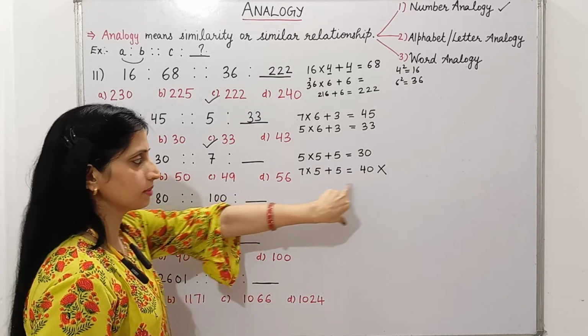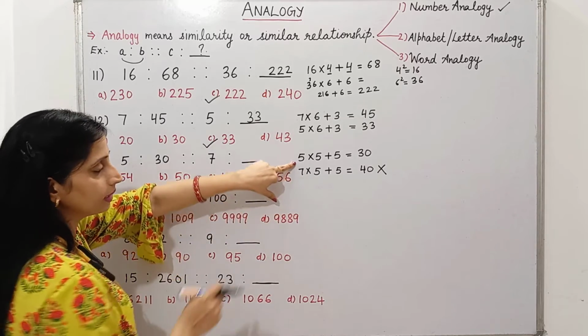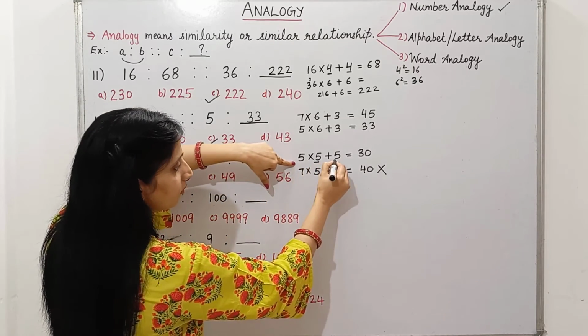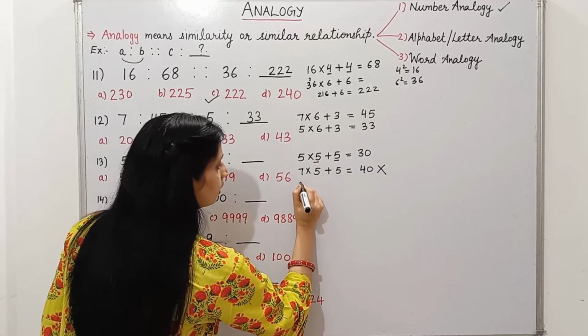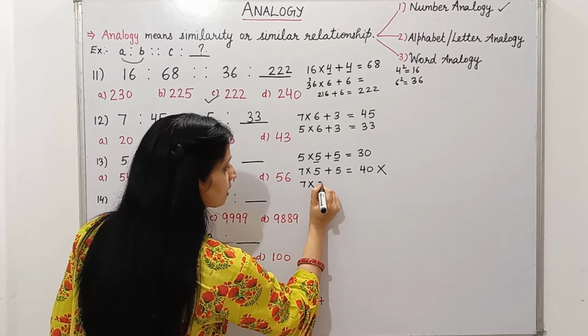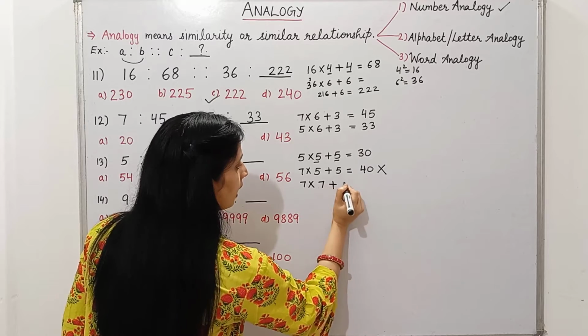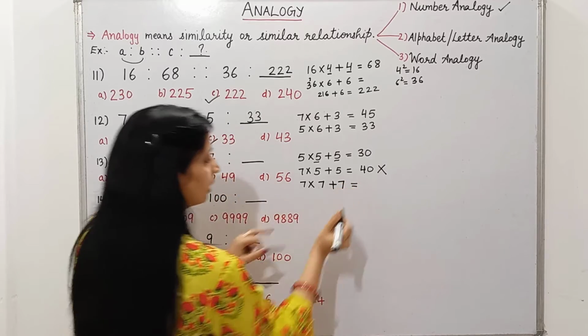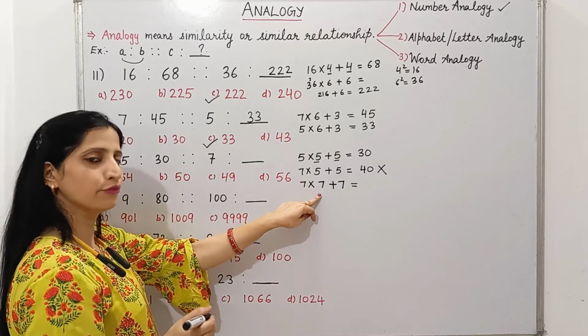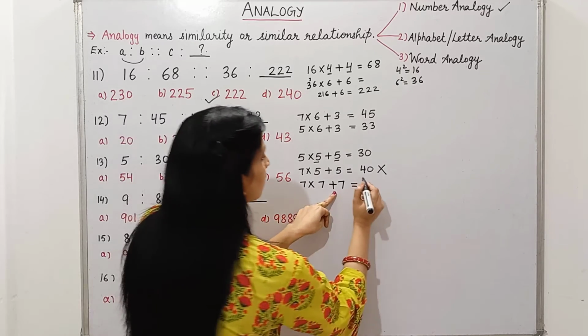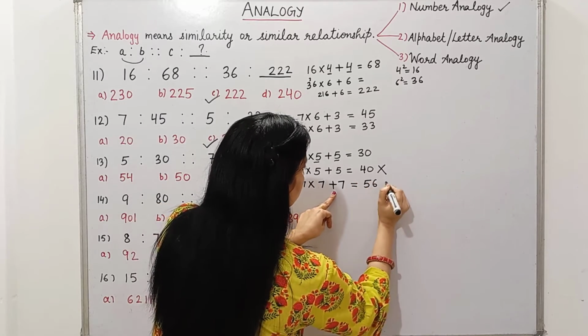So this will not be our correct answer. Let's apply another method. Here we are multiplying 5 by 5 and adding the same number. Similarly, if we multiply 7 by 7 and add the same number, then we will get our correct answer. 7 sevens are 49, 49 plus 7 is 56.